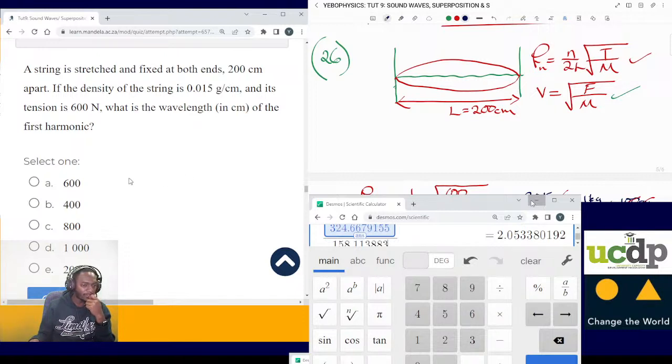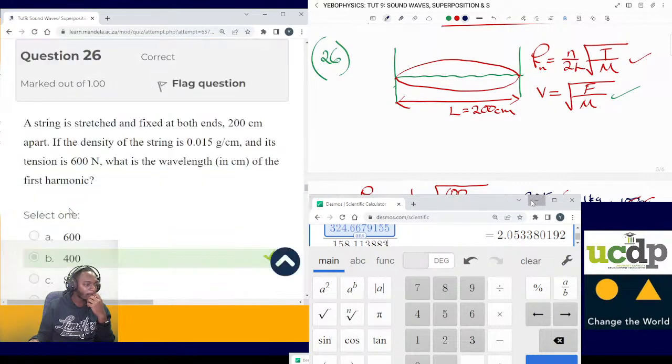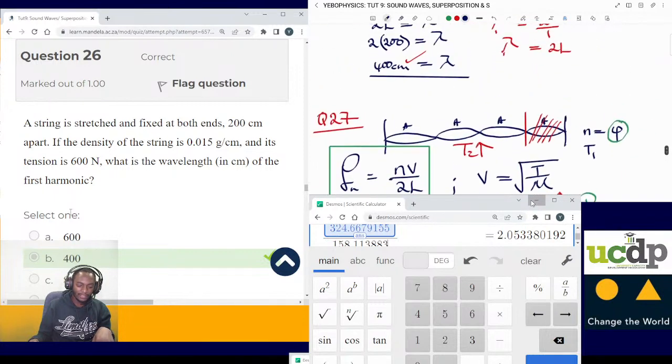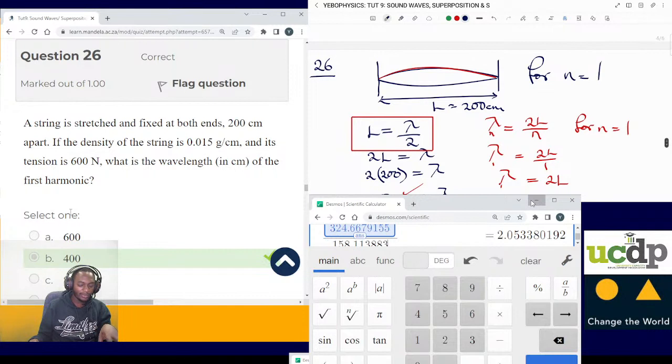So earlier on we had got 400 centimeters, and the correct answer is 400, which is what I had obtained earlier on using this simple analysis on question 26, where we're understanding that for the fundamental mode, it's half the wavelength.